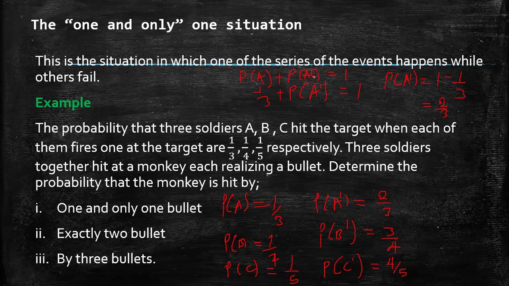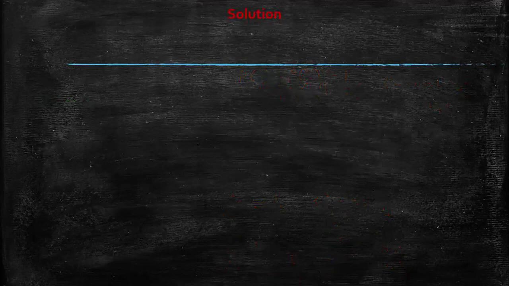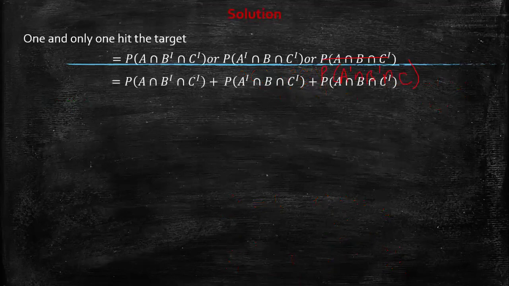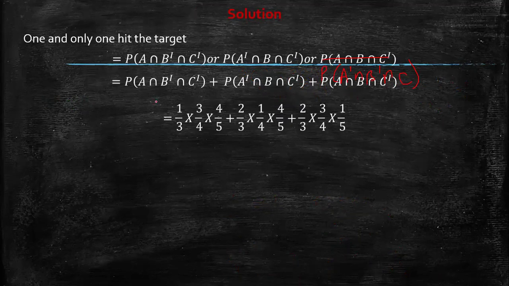So can I proceed? Yes, please. So we had substituted, the last one had a challenge. So here we are going to be multiplying. Let me hope these ones are okay. So the first one is a third times 3 out of 4 times 4 out of 5, plus 2 out of 3 times 1 out of 4 times 4 out of 5.